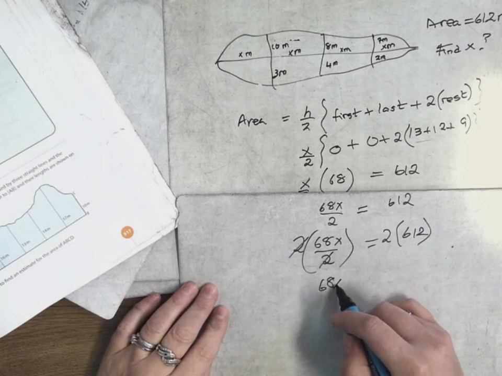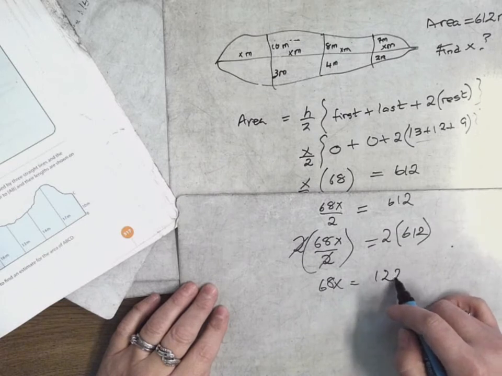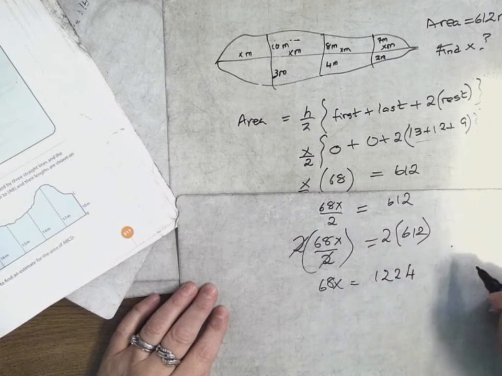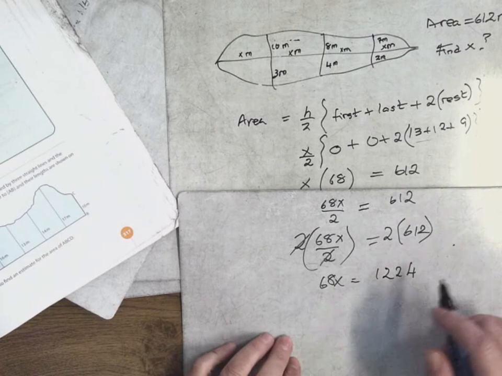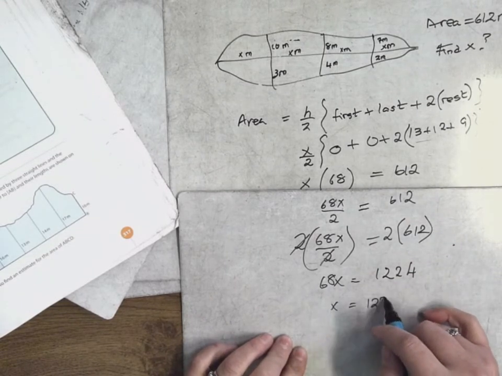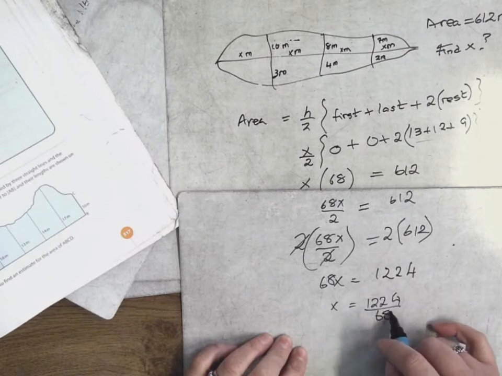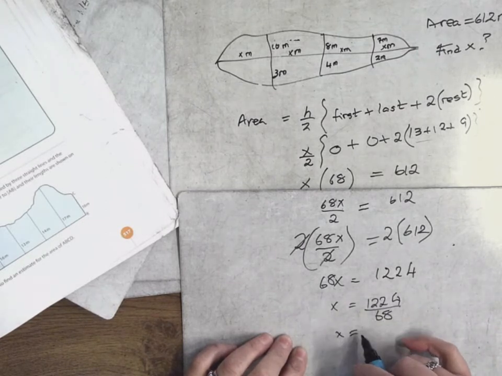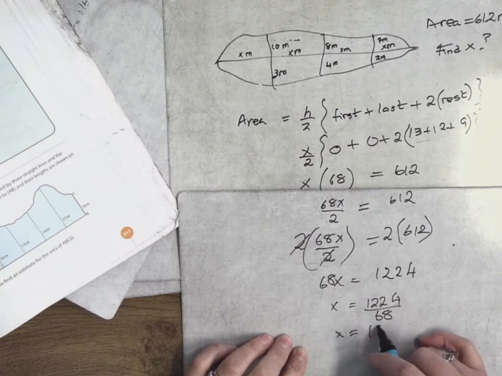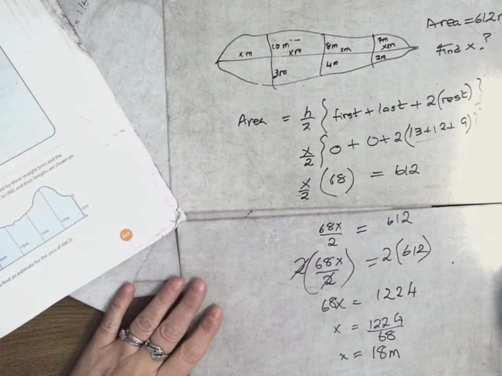Over this side, you'll get 1224. What do I do now? Divide by 68, so it's 1224 divided by 68, and that goes in 18 times. So it's 18 meters, because X was the width there. So that's a working backwards one. Okay?